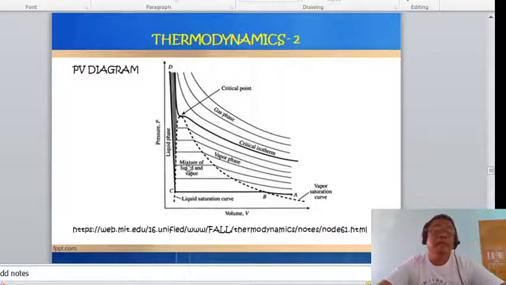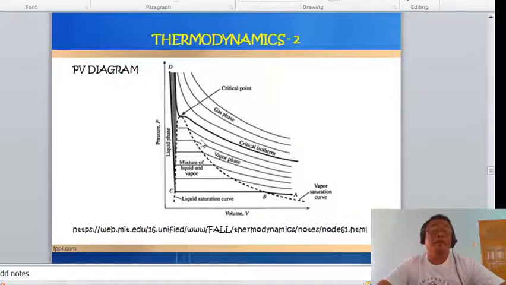The left broken line here is the liquid. At the upper portion of this saturation line is the critical point.